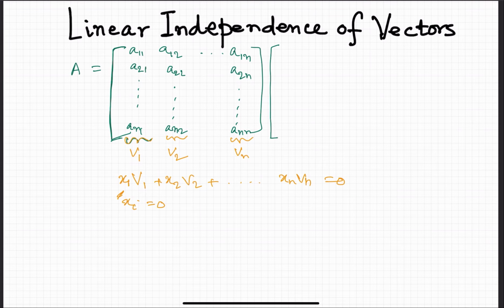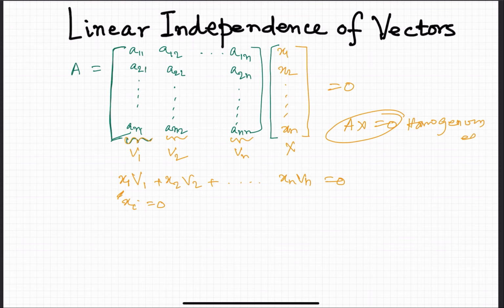That means we can write, if this is a vector x, Ax is equal to 0, which is a homogeneous equation.